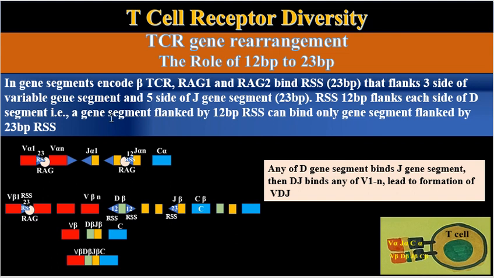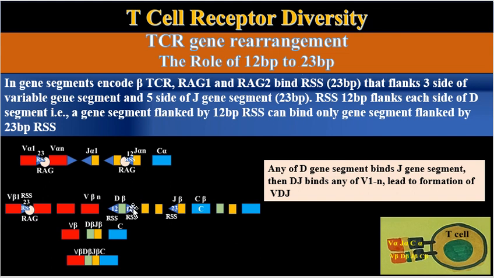That is to say, a gene segment flanked by 12 base pair recombination signal sequence can bind only a gene segment flanked by 23 base pair recombination signal sequence according to the rule of 12 base pair to 23 base pair.